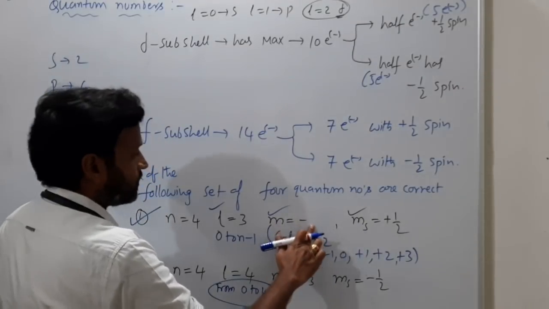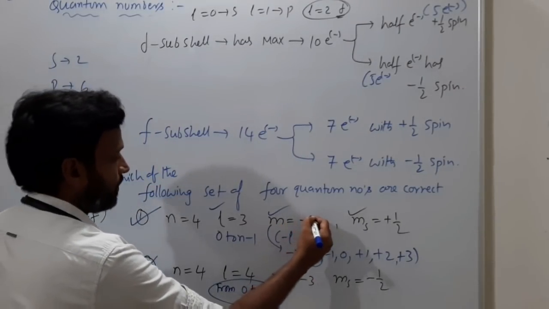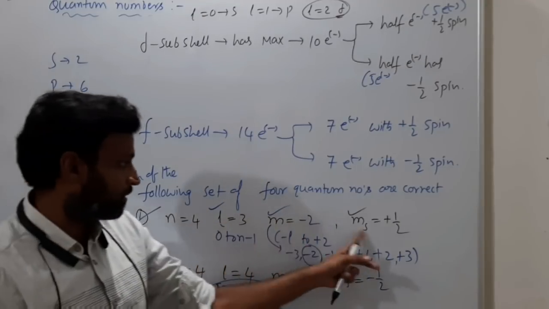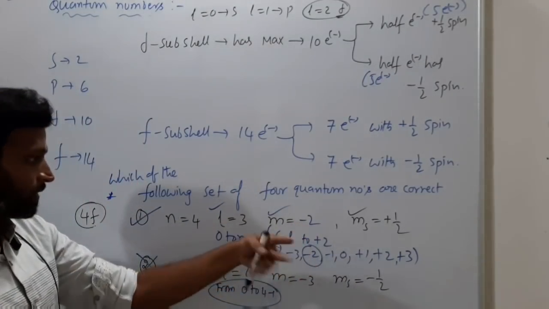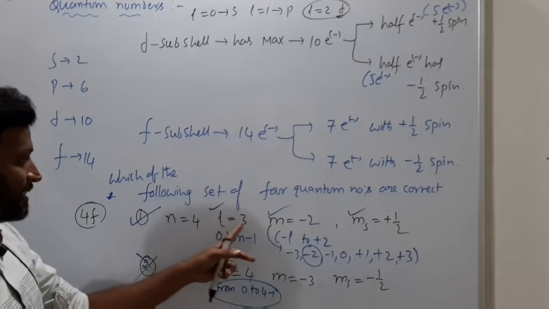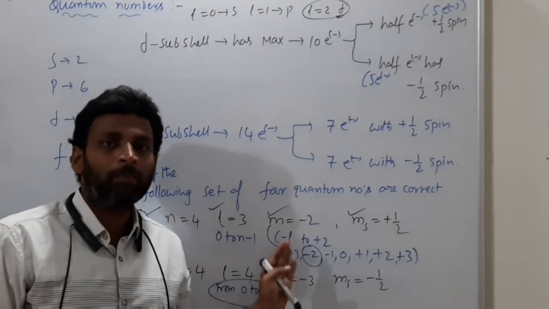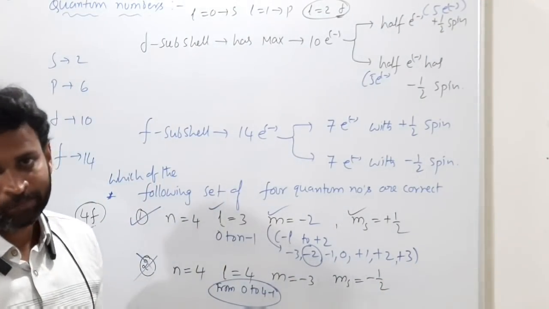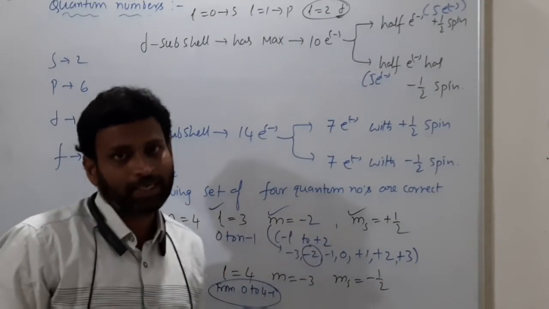Why? Because I gave 4. So -3 or -2, correct. Now these 4 quantum numbers are correct. If I give -4, wrong. Why wrong? l is 3, so m values are from -3 to +3. Only in between -3 and +3 is correct. If I write -3, correct again.